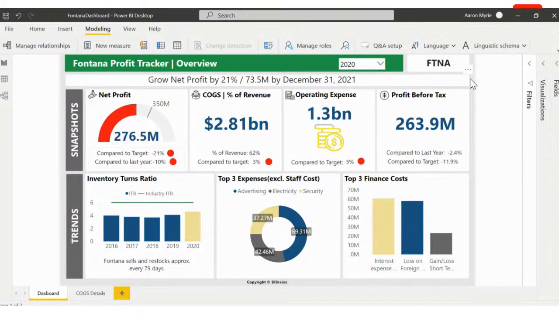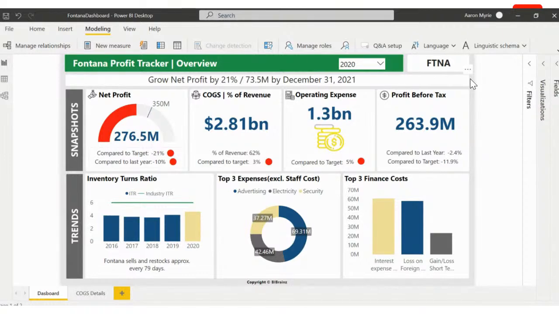Then next, we look at the three top KPIs. The first one is cost of goods sold. The cost of goods sold amounted to 2.81 billion, and 62% of revenue came from it. Comparing to the target, cost of goods sold was above by 3%. The next KPI we look at to track growing net profit is operating expense.